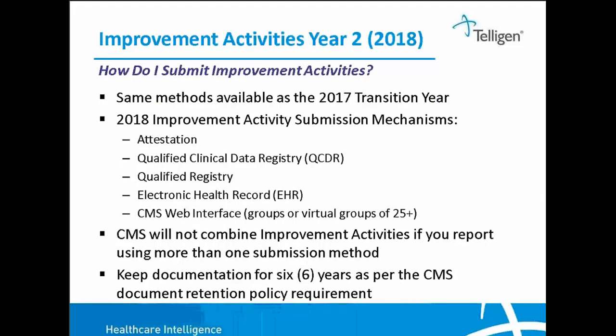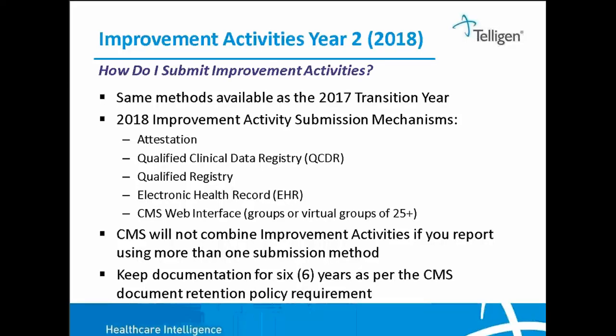How do I submit improvement activities? The same methods that were available for the 2017 transition year, Year 1, are available for this year, and those are listed here. Attestation on the data submission system was probably the one I saw the most and was able to help practices use the most, but also you have a Qualified Clinical Data Registry, Qualified Registry, Electronic Health Record, and the CMS Web Interface if you are in a group or virtual group of 25 or more.